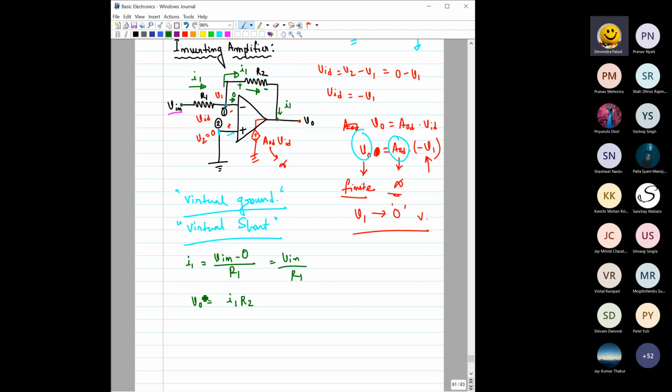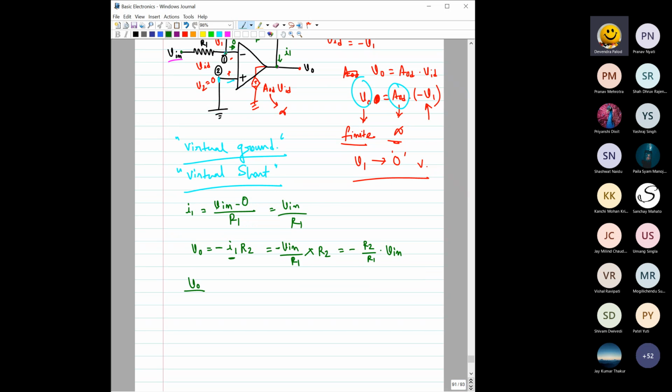So there will be a minus sign, right? Yes. The value of I1 is V in by R1, which we have already found. This is R2, so there will be a minus sign here. So V output is minus R2 by R1 into V in.